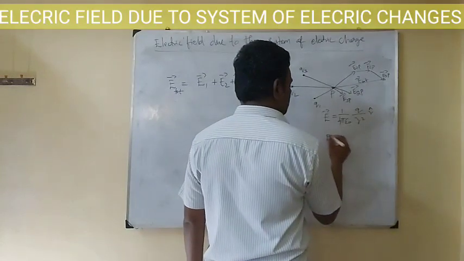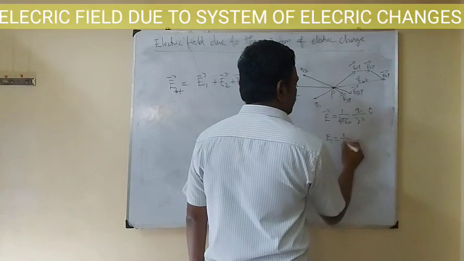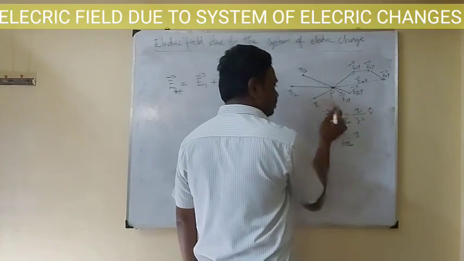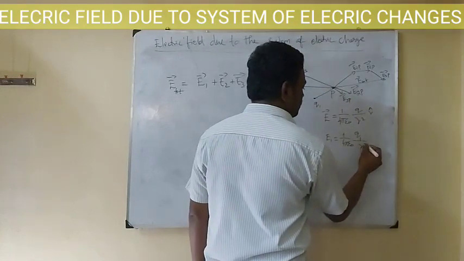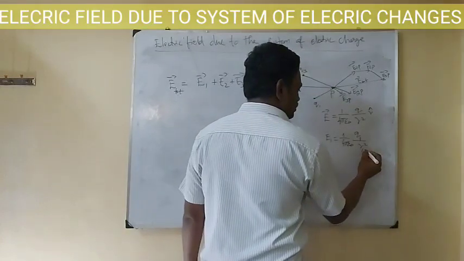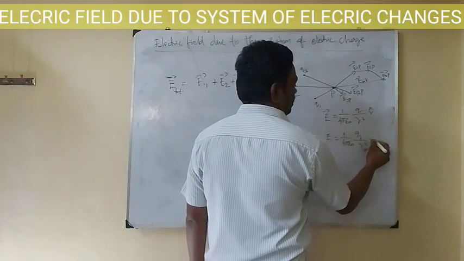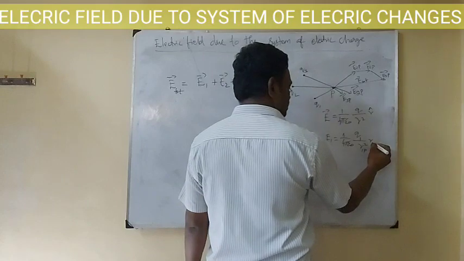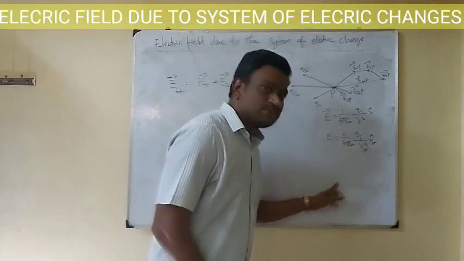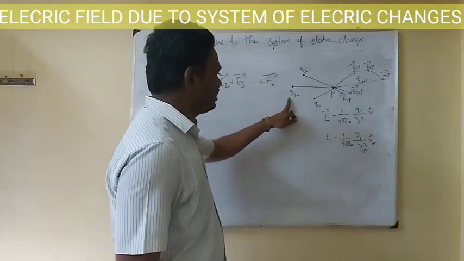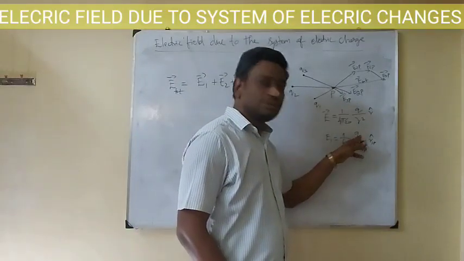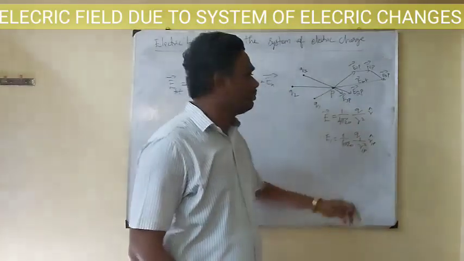For example, let's write E1 is equal to 1 by 4 pi epsilon naught, where the charge is Q1, so Q1 by R1P square. That's why I'm using R1P. Similarly, the unit vector also acts along the same direction, R1P cap. So you can write the expression for other charges, that is for Q2, Q3. We just have to change the value of Q2 and the distance.